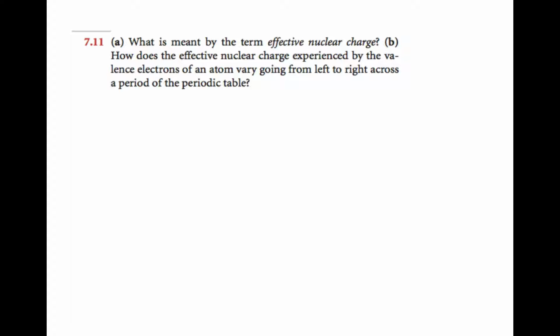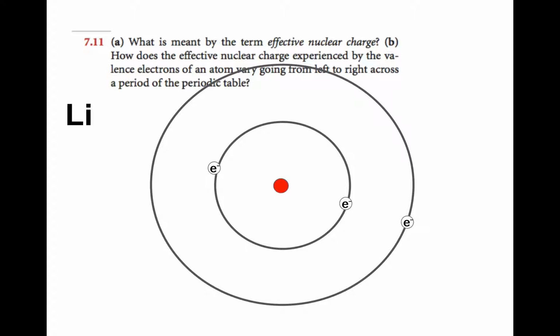All right, so in order to understand effective nuclear charge, we have to understand what the relationship is in terms of electron configuration. So if we look at the first element in the second period, it's lithium. We have two inner electrons and one outer electron. The inner electrons are called core electrons. The outer electrons are called valence electrons.